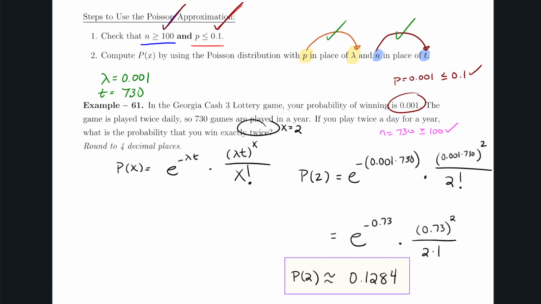So the probability that we win twice in a year period playing twice daily is 0.1284.